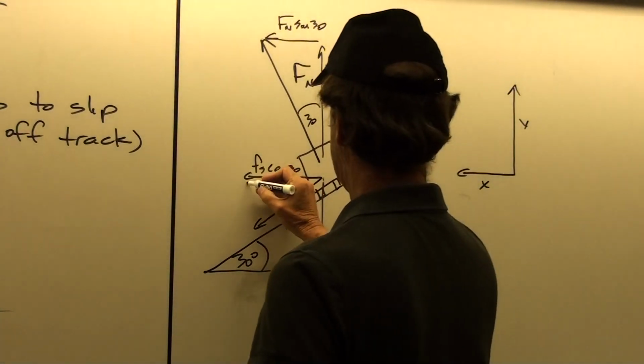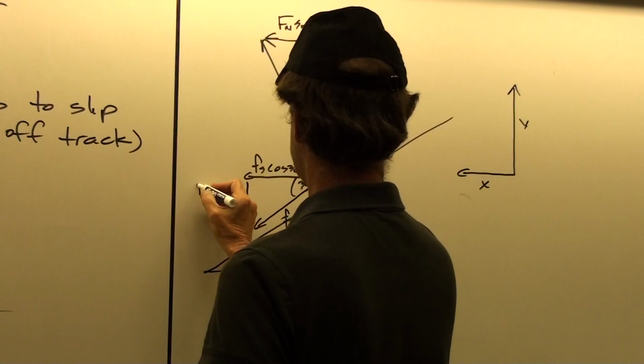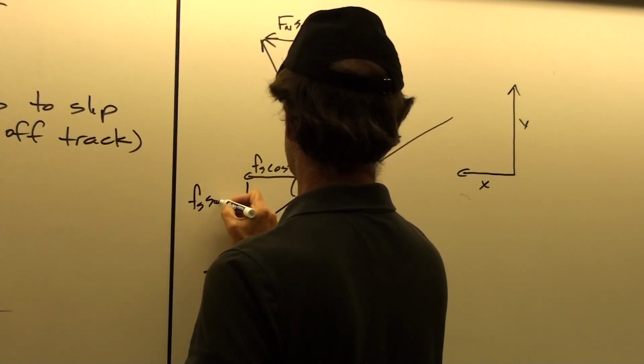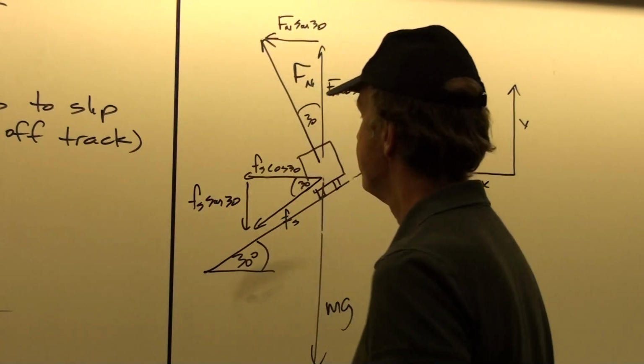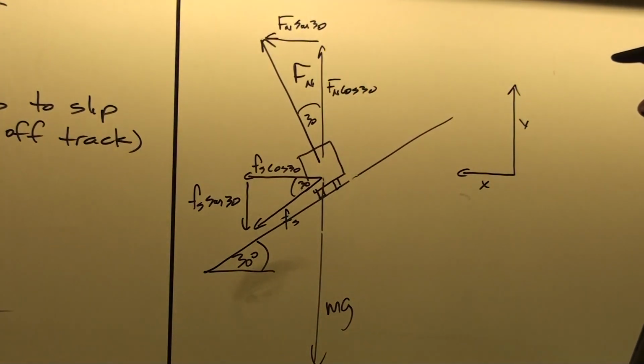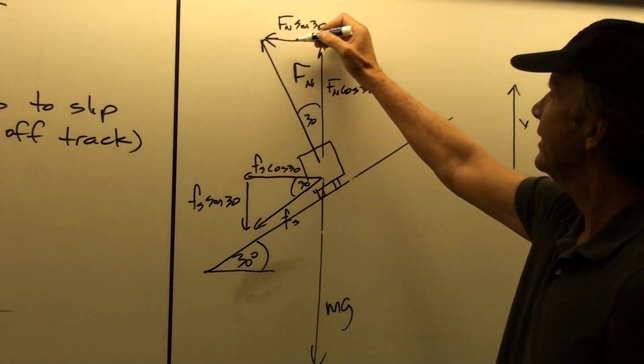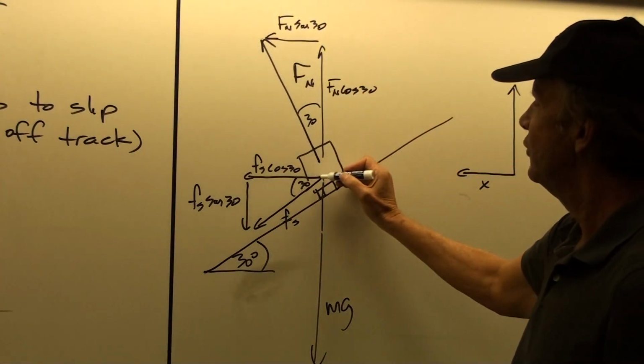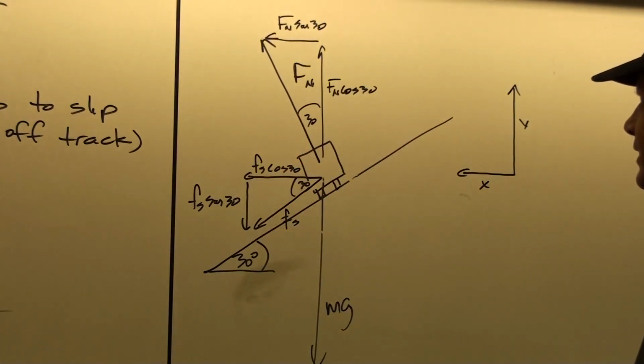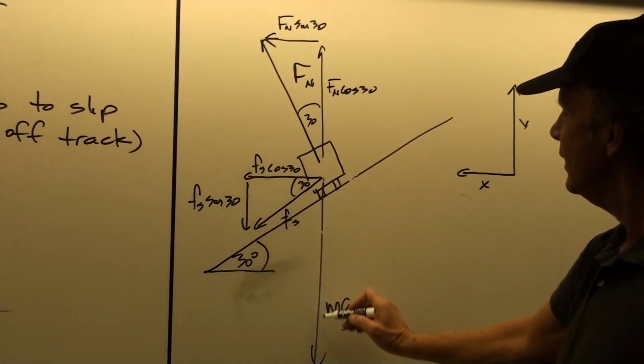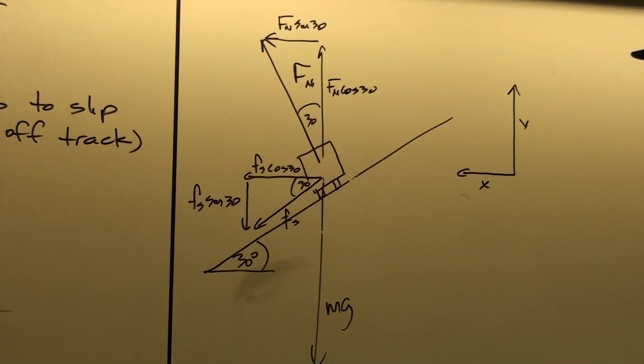And then we have, this is F static sine 30. Okay, so now we've got x and y components for the normal force and for the static friction force. Only mg in this problem did not need to be decomposed.